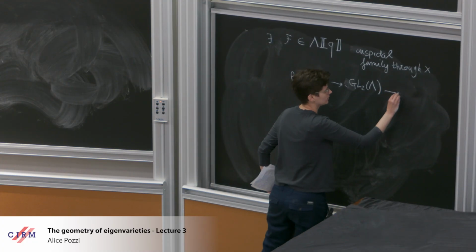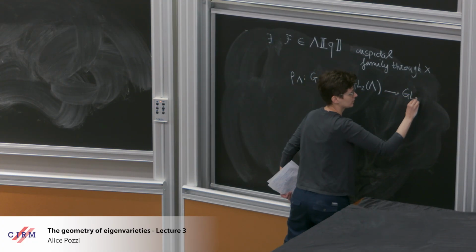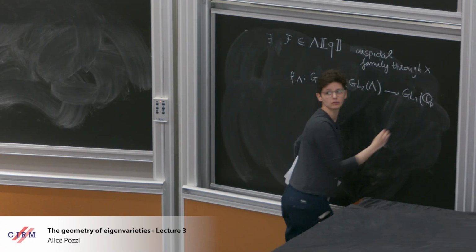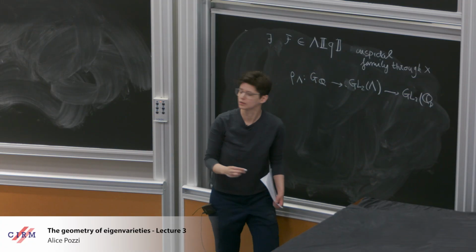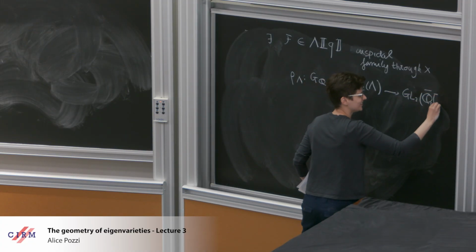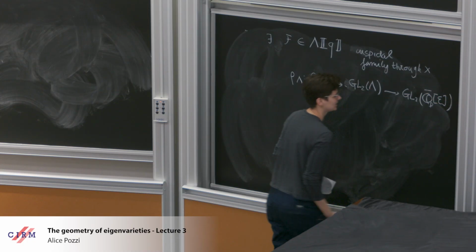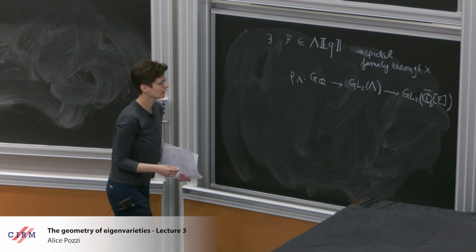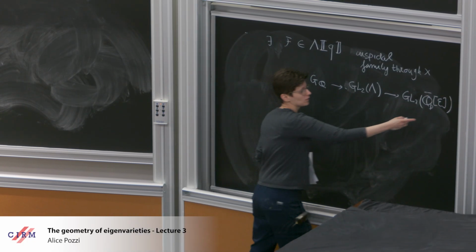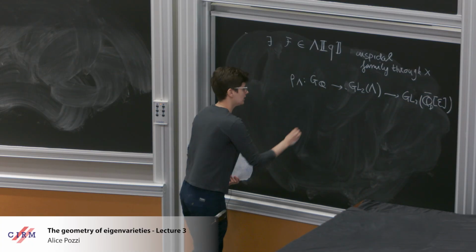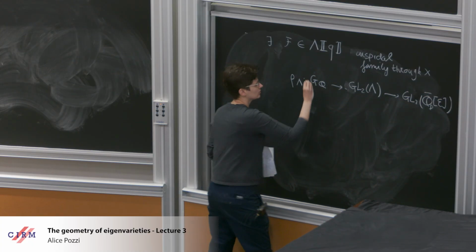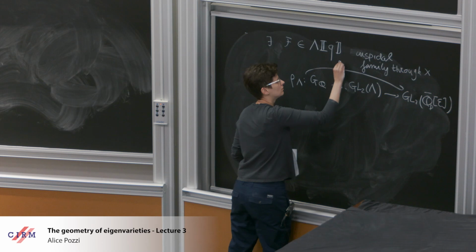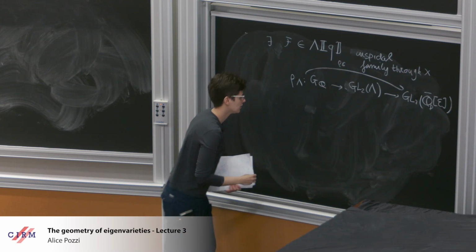And I can try to do, so my time is up, I can try to do the same thing I was doing before of considering this infinitesimally and getting rho epsilon here.